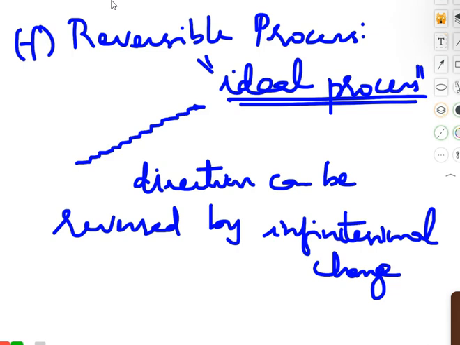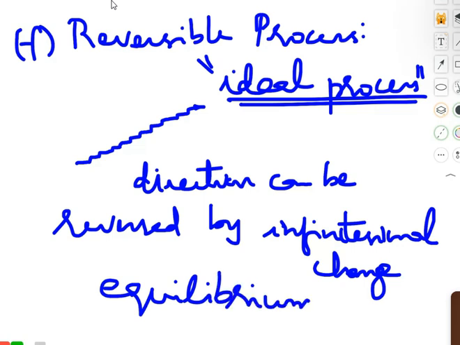The first state is in equilibrium with the second state, with the next state, and so on. The states will be in equilibrium with one another, which is not possible. That's why we call it an ideal process.